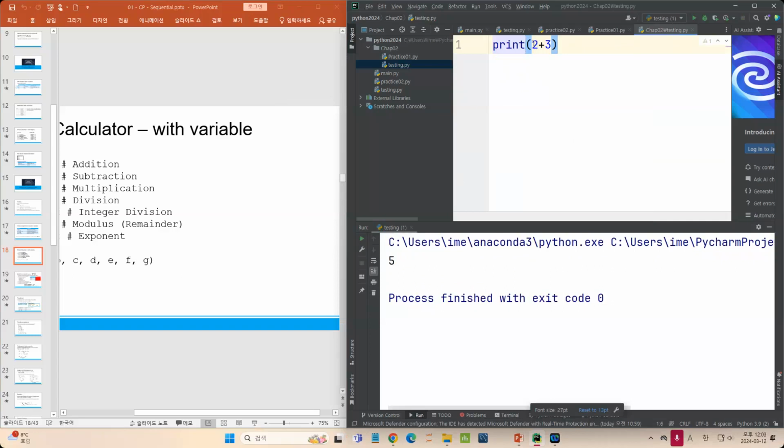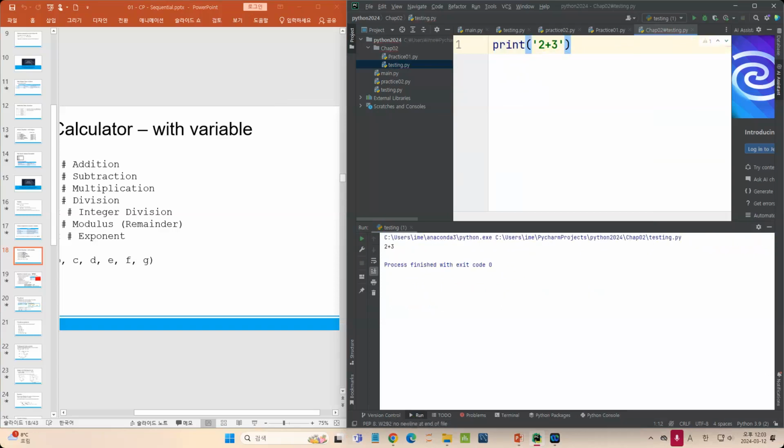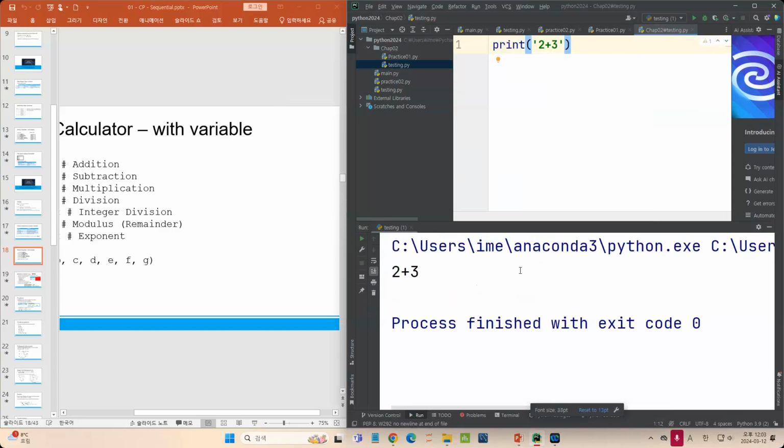But if you put the quote, let me just use single quote, then the result will be a string or characters. Because this is characters, 2 becomes only characters, and we cannot do any mathematical operation. Plus 3. So originally like this one, then it will print like this. So it is not calculated.